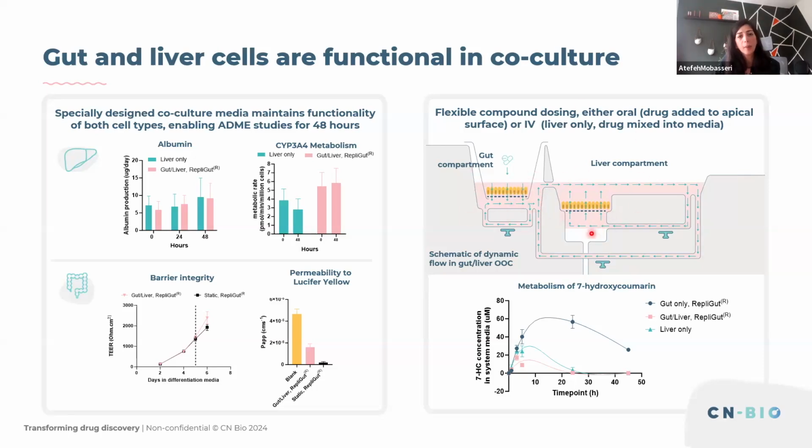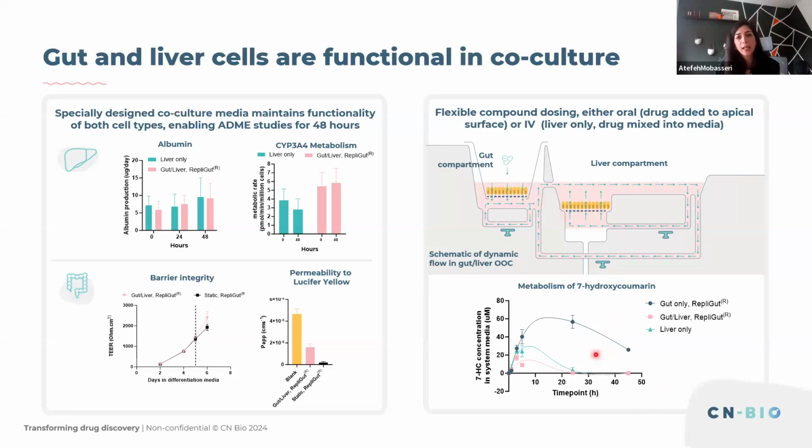So in this setup, we have the flexibility to look at different single organ or dual organ models. We can culture the gut independently, we can culture liver independently, and also we can look at the gut liver. As a proof of concept, when we culture these models, we look at 7-hydroxycoumarin, the 7-HC, a fluorescent compound that undergoes phase 2 metabolism.